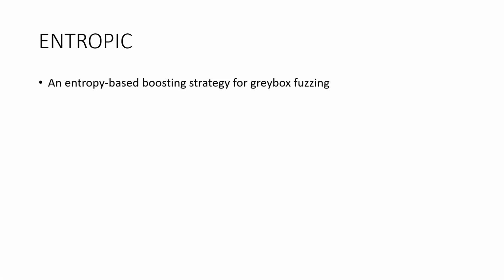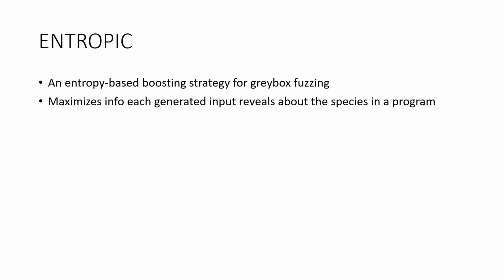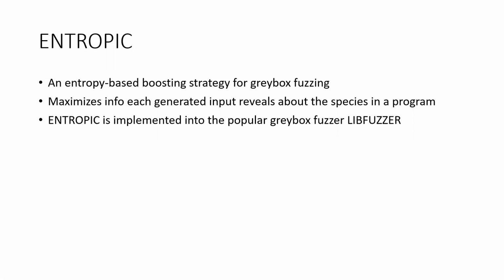So this is what Entropic does again. It's an entropy-based boosting strategy for gray box fuzzing, and it tries to maximize the information that each generated input reveals about the species in a program.